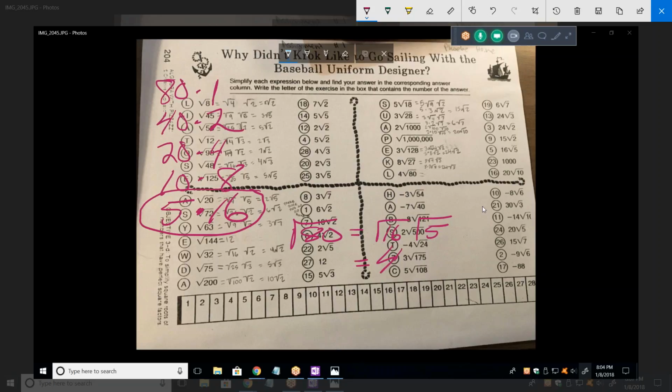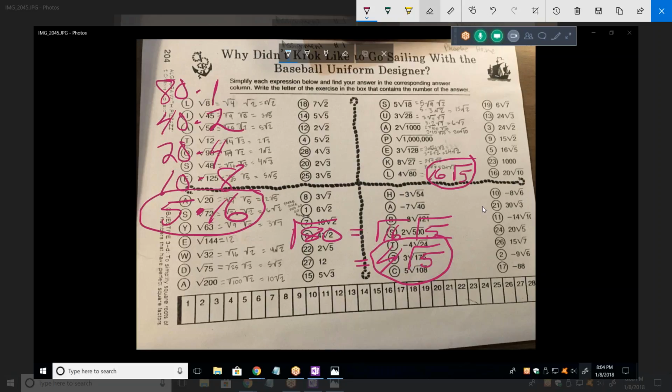So that is factored all the way down. There was already a 4 in front of this 80, so we just pulled out another 4. So 4 times 4 is 16 times root 5. And there's your answer.